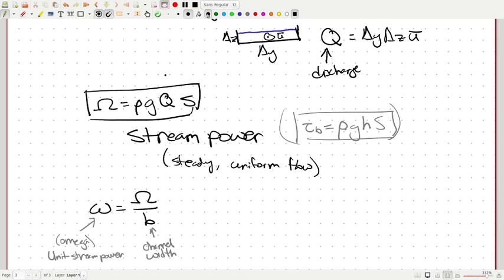And so then we can set that equal to rho g Q over b, so discharge per unit width, times slope, which then equals, by the definition of what big Q over b is, rho g little q S, where little q is discharge per unit width.